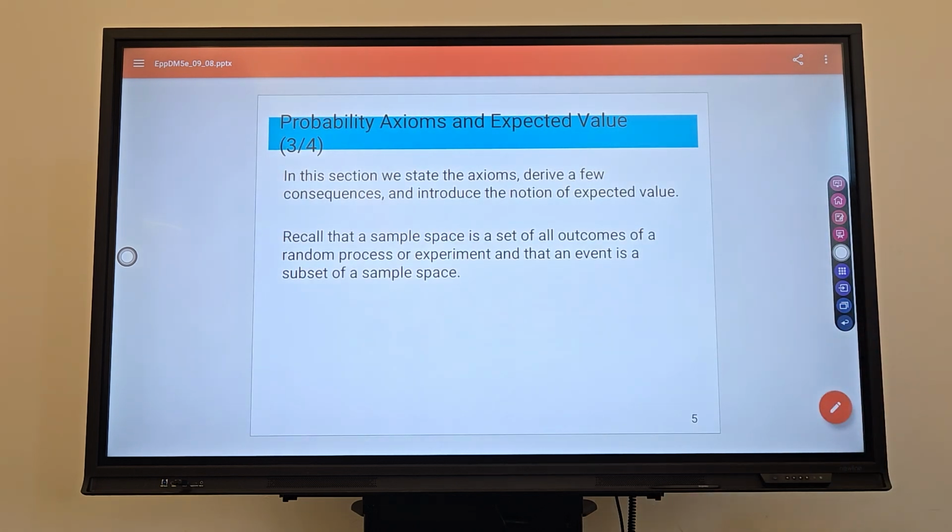In this section, we state the axioms, derive a few consequences, and introduce the notion of expected value. Recall that a sample space is the set of all outcomes of a random process or experiment, and that an event is a subset of a sample space.